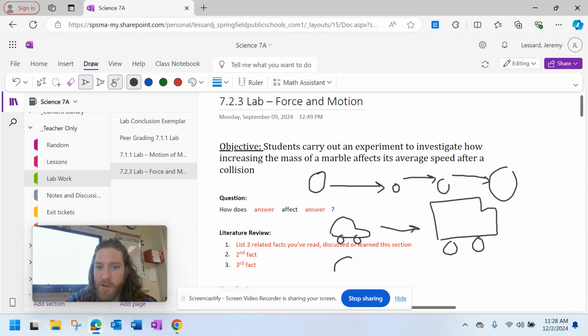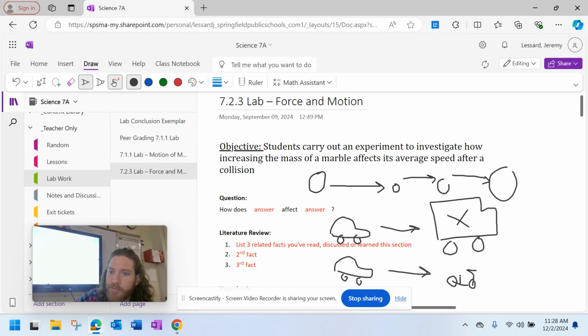Versus if that same car was crashing into a person on a motorcycle or a bike. What would be different about the motion of the truck versus the motion of the bike? How would they move differently after they got hit by that car?